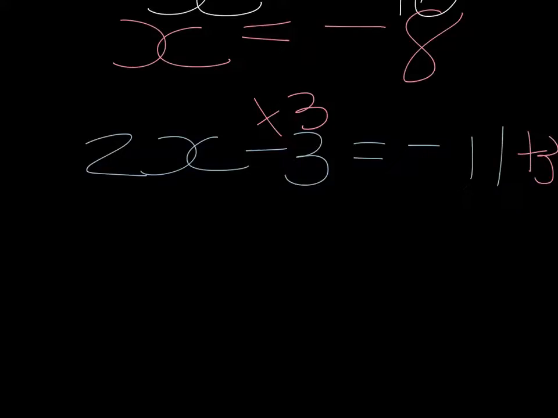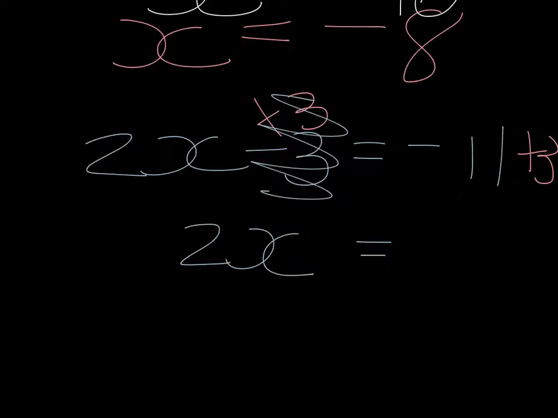So what am I left with on that line? I'm left with 2x, because I've completely got rid of that, equal to negative 11 plus 3, which gives me negative 8, which I'm sure you worked out very quickly. Now we're back to where we started with the other one. We've got a 2x, and that's 2 multiplied by x. So what's the opposite of multiply?